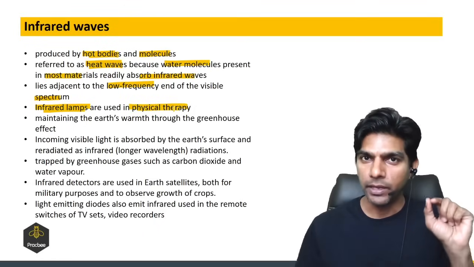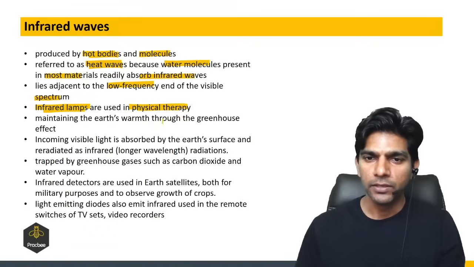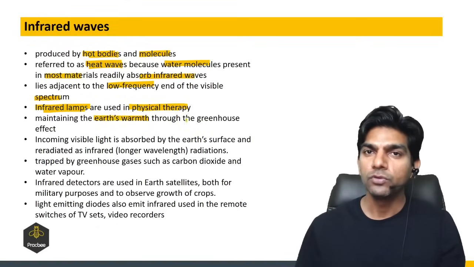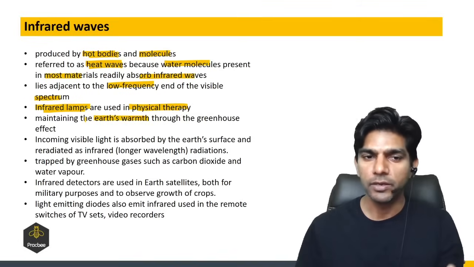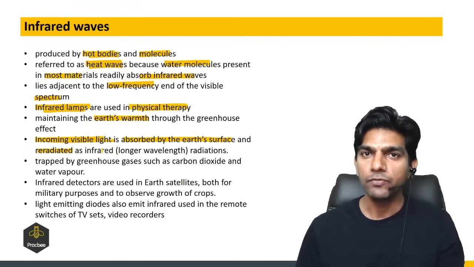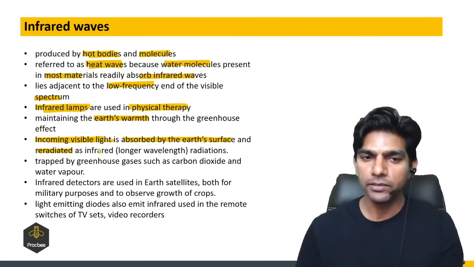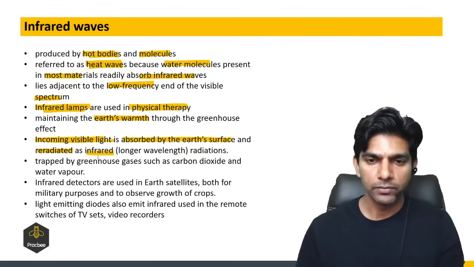The second and most crucial application of this radiation is that the earth is able to maintain its warmth through the greenhouse effect. Now let us see how this happens. The incoming visible light from the sun is absorbed by the earth's surface, and then the earth re-radiates it as infrared. The rays it absorbs as visible light, it re-radiates in the infrared spectrum.